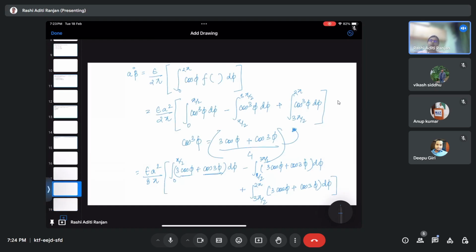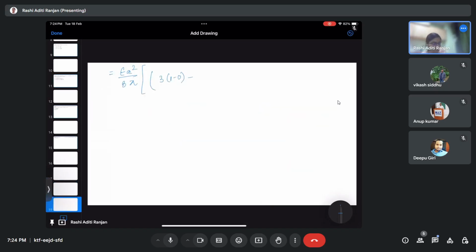Sine of pi by 2 for cos 3 phi is 1 by 3, and the lower limit is 0, minus 1.